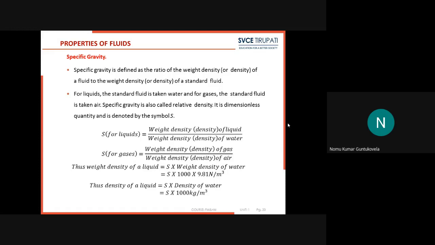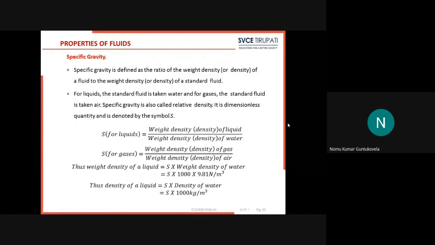For water it is 1, for oils it is 0.7 to 0.9, for kerosene and petrol it is 0.786, and for mercury it is 13.6. Specific gravity doesn't have any units.